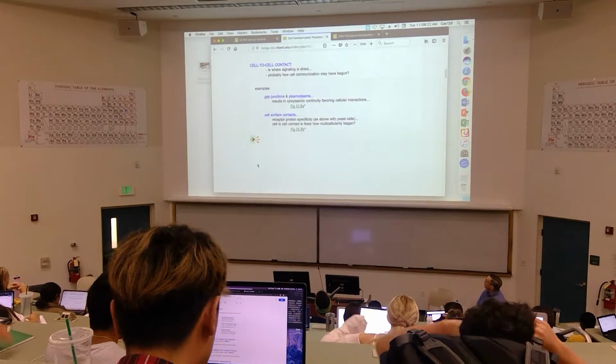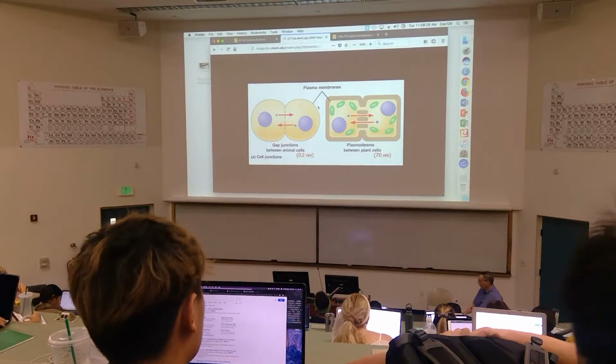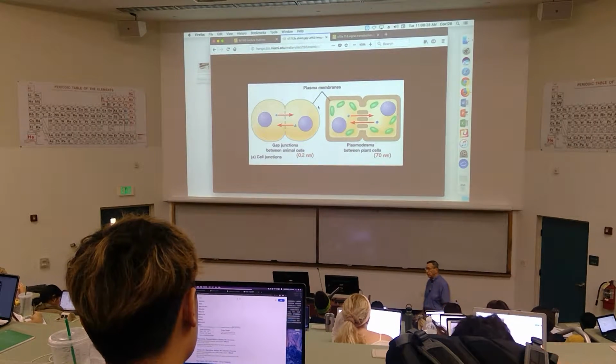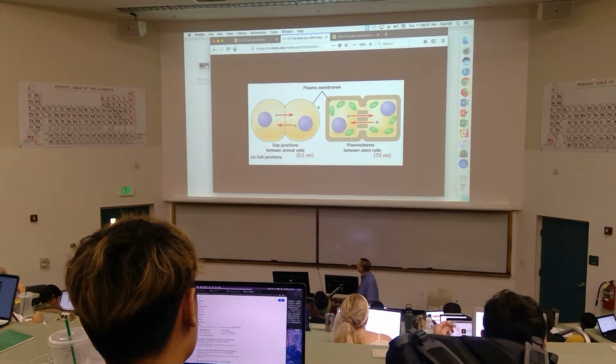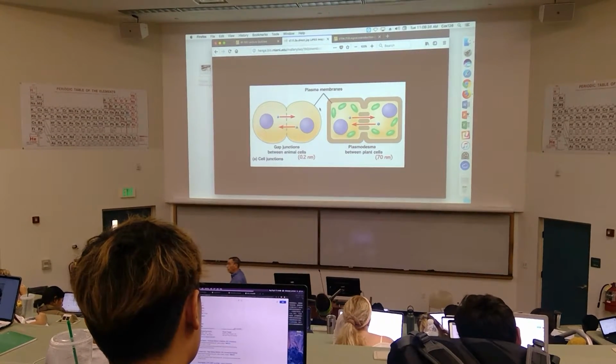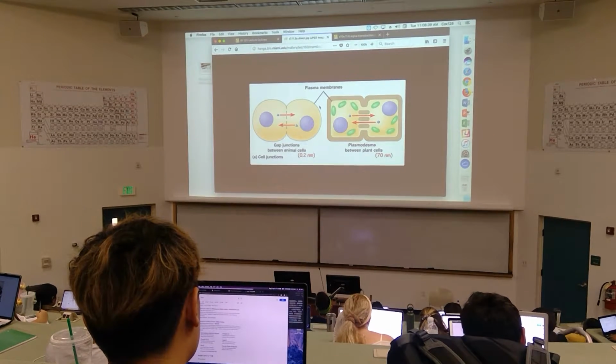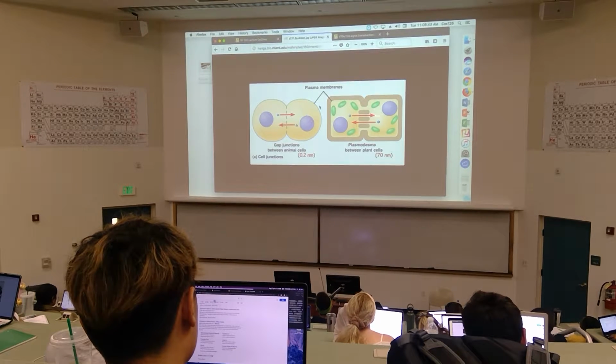Another example: in this particular case, we have cell-to-cell contact. Last week, we looked at the intercellular junctions between cells. In animal cells, we saw that there were gap junctions. Gap junctions are relatively small, lower than a nanometer in diameter, which will only pass very small molecules. Whereas the plasmodesmata that exist between plant cells are quite large.